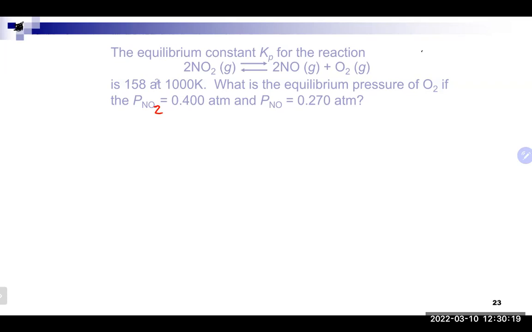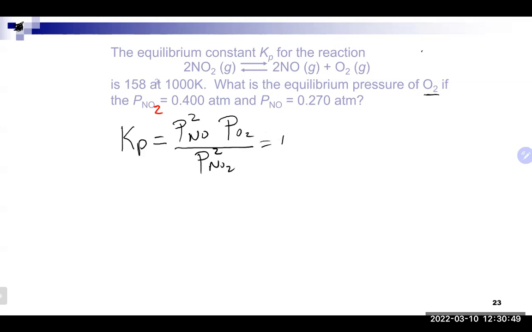Look, so in this case, we have the Kp value given to us. We're also given some partial pressures here at equilibrium, or equilibrium pressures, and we're looking for what O2's pressure is. So it would make sense to write our Kp expression for this. So our Kp would be partial pressure squared of NO times the partial pressure of O2 divided by the partial pressure of NO2, and that also would need to be squared.